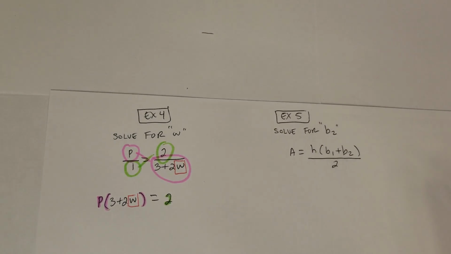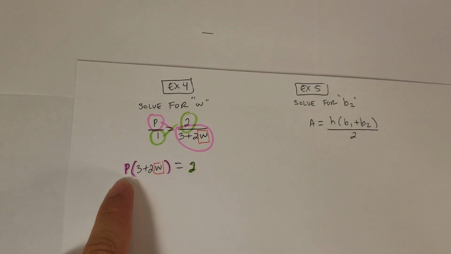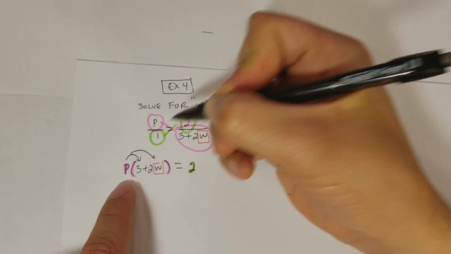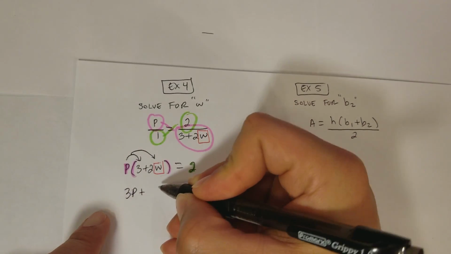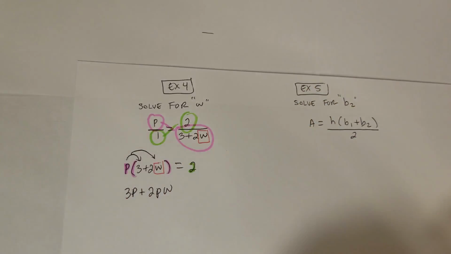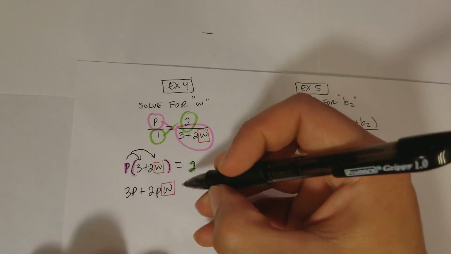So it looks a lot nicer, right? So the next thing we need to do, since you have a term on the outside of the parentheses, is just do the distributive property to simplify. So this is going to be multiplied with this and this. So we're going to get 3p plus 2pw. So multiply, multiply. And then that's going to be equal to 2.